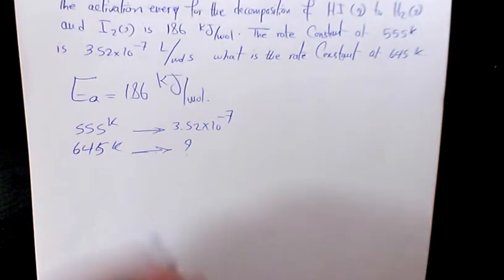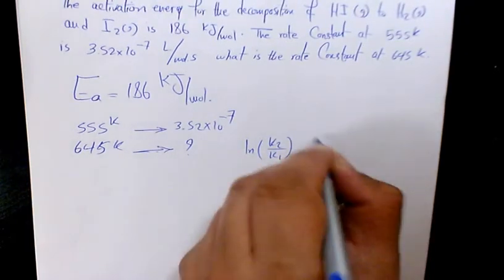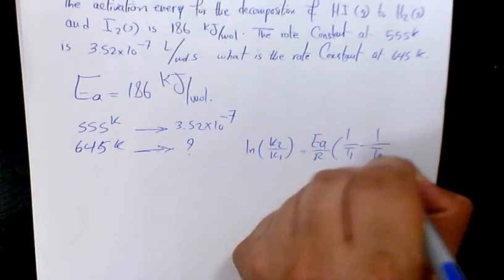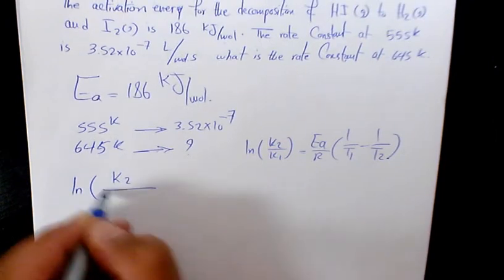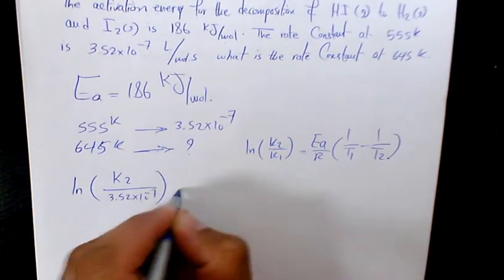So we have ln k2 over k1 equals EA over R times 1 over T1 minus 1 over T2. So we need to find out the k2. k1 is given, 3.52 times 10 to the power of negative 7.